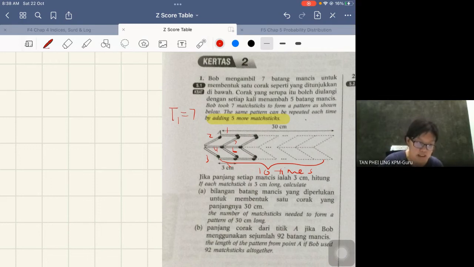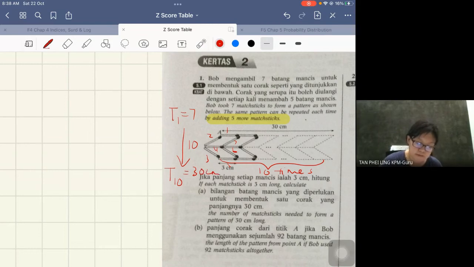So you see, like you say, this pattern will repeat 10 times in order for you to get the 30 cm length, right? Now you realize that 10 times will be actually T10. By means the first one is 7, and then until you do 10 times more, you actually think that T10 will give you 30 cm.